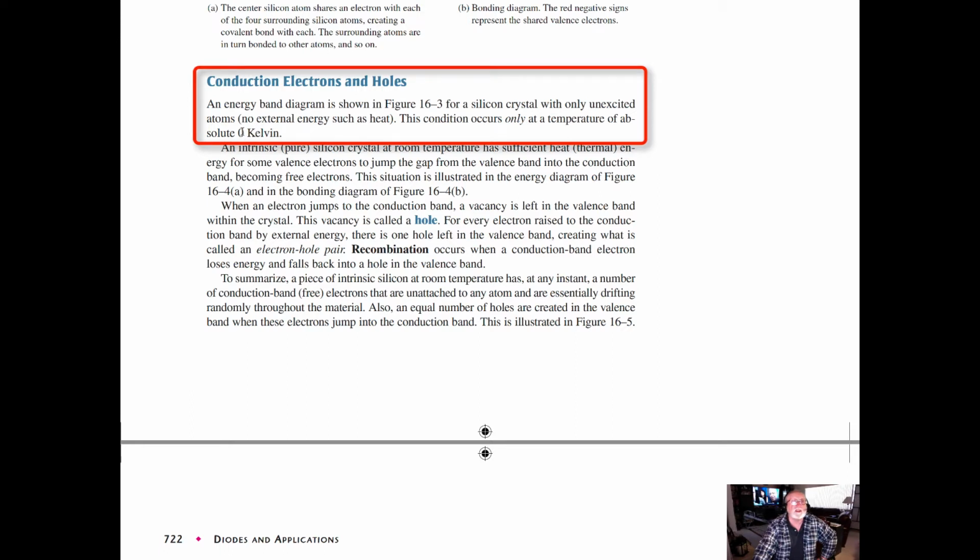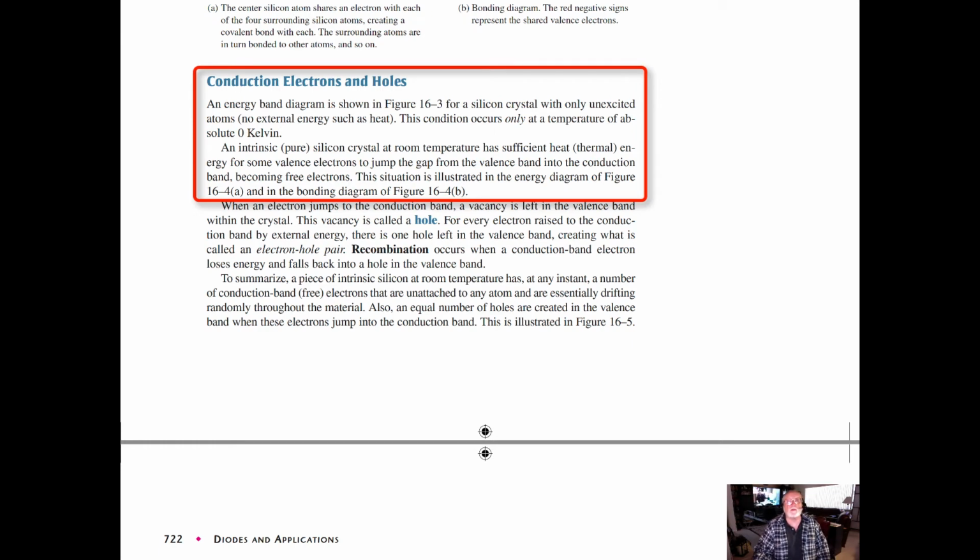Notice it doesn't say degrees Kelvin, it's 0 Kelvin. An intrinsic pure silicon crystal at room temperature has sufficient thermal heat energy for some valence electrons to jump the gap from the valence band into the conduction band, or the conduction mode. And at that point they become free electrons.